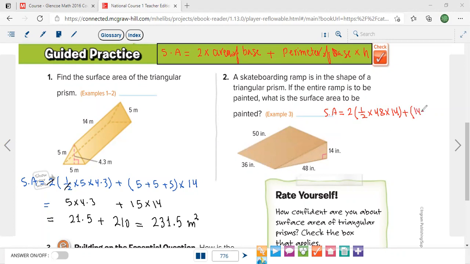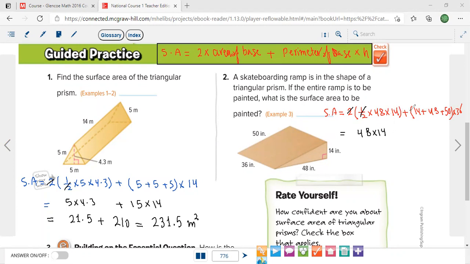So 14 plus 48 plus 50 multiplied by 36. So 2 always cancel the half. So this will be 48 multiplied by 14.